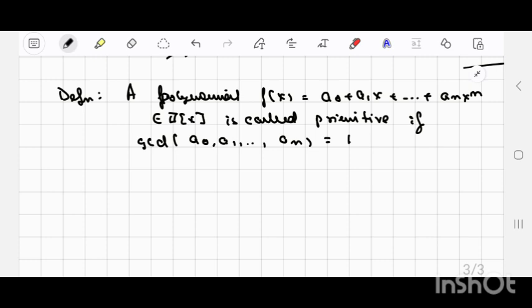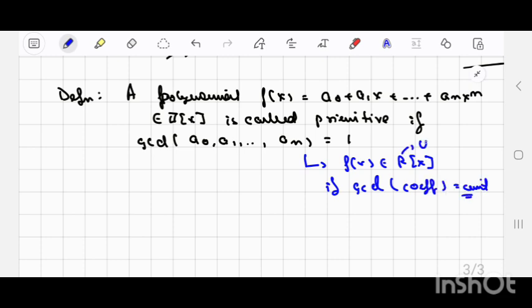A more general definition: f(x) in polynomials over rings is said to be primitive if the GCD of the coefficients is a unit. For example, let R be a UFD, because at least I want to talk about the existence of a GCD. So a more general definition talks about units, but since we are concerned with polynomials over Z, primitive is defined for polynomials whose GCD is 1.